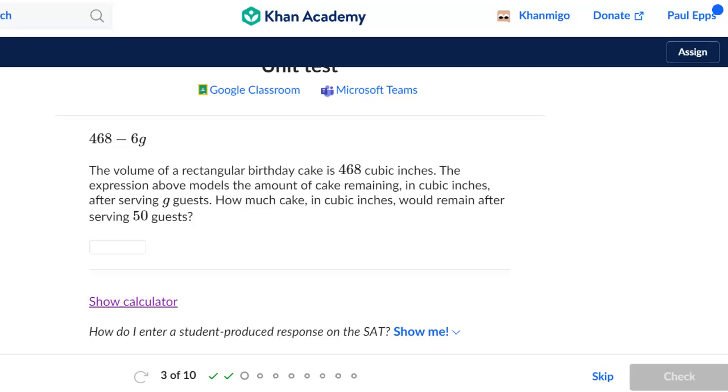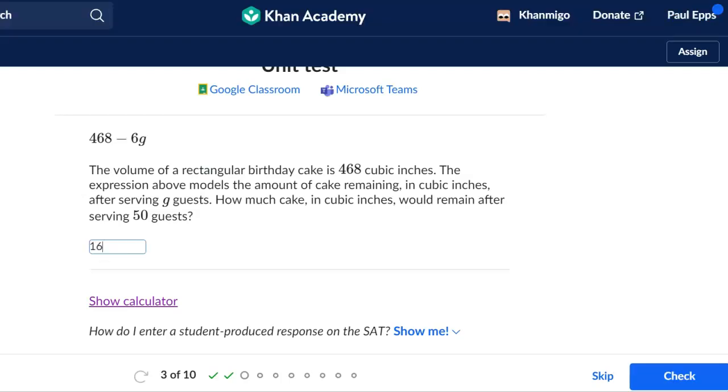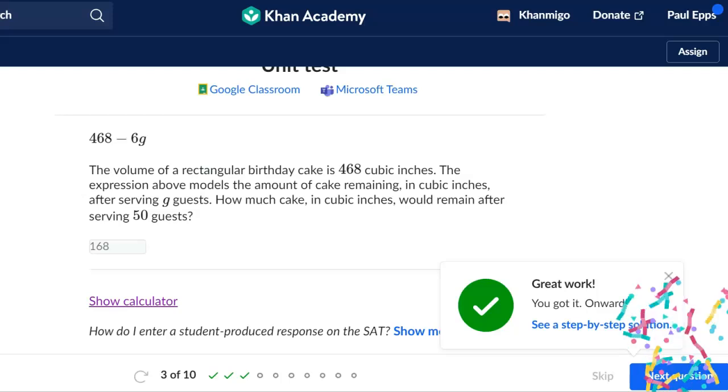The digital SAT, in case you weren't aware of this, will give you an online calculator, and you could use it for this. But if G is 50, then 6 times G is 300, and 468 minus 300 would be 168.